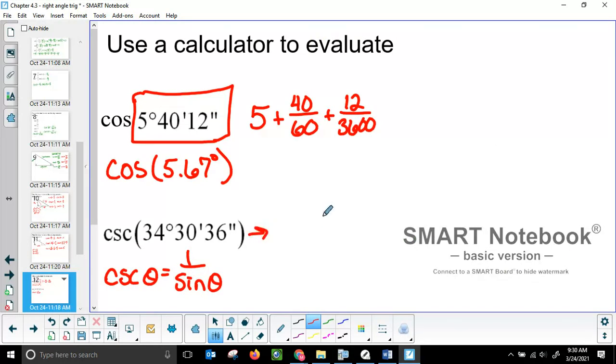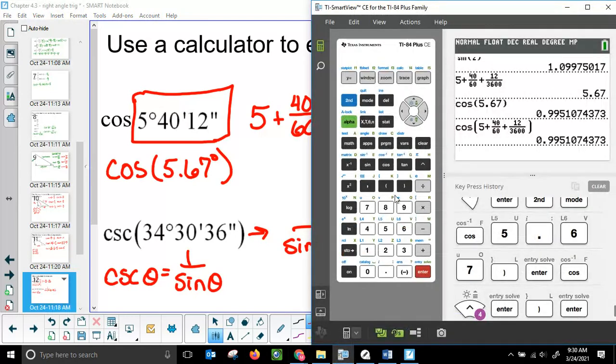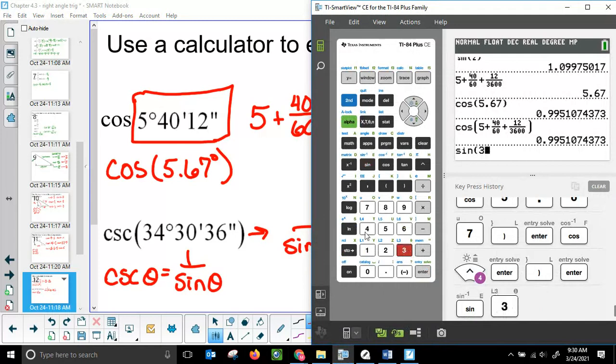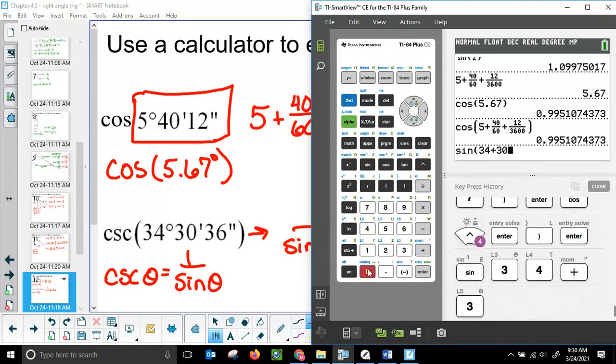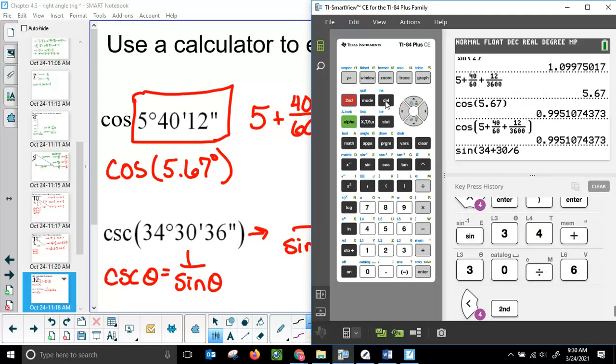So here you could say this is really just 1 over sine of 34 plus 30 over 60 plus 36 over 3600.